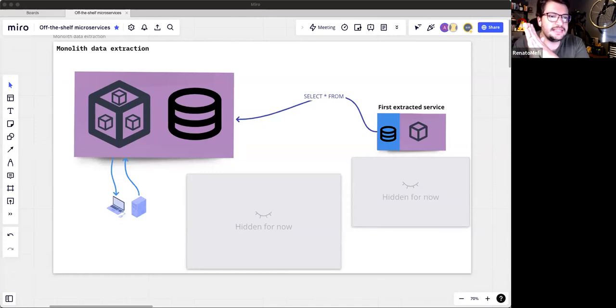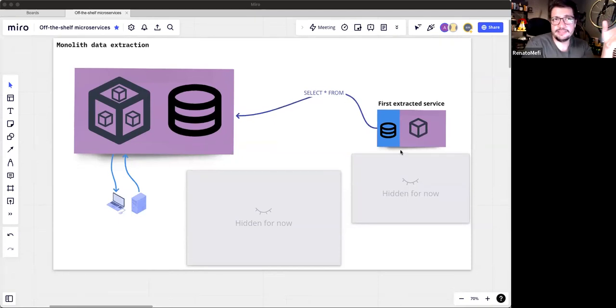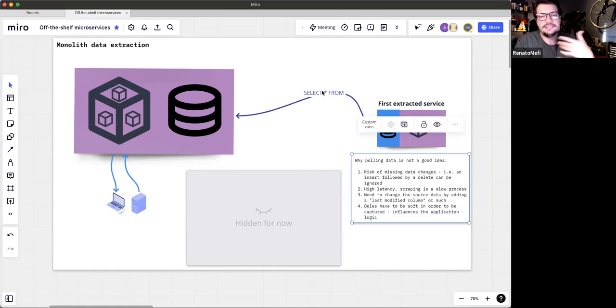So the first thing that I saw was that we had a service starting to be built up, and then it was going to the database of the monolith application and doing a select star from table X. So this was already a point of attention, because what happens in this situation is that we are polling the data, and this already presents some data complexity.